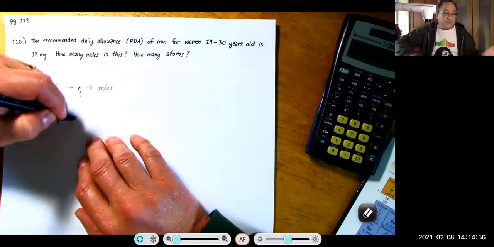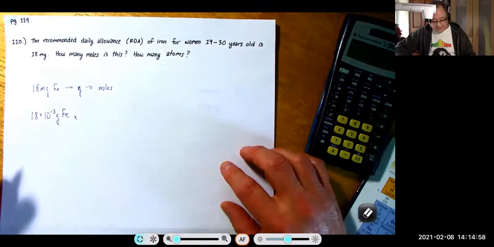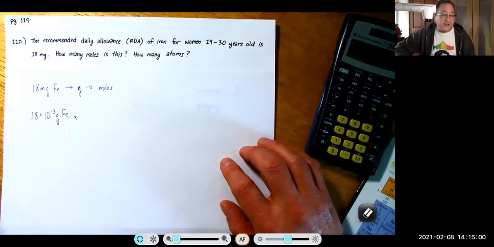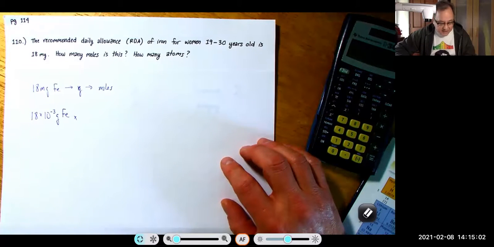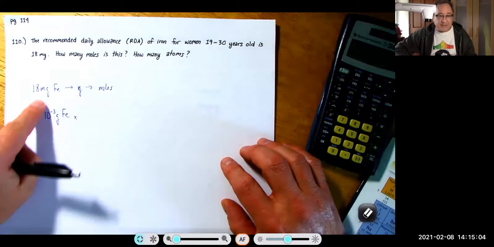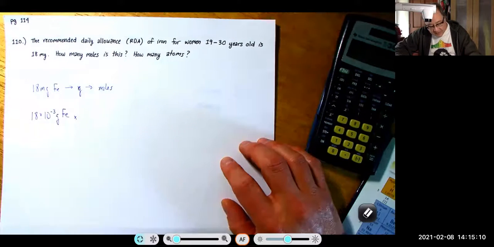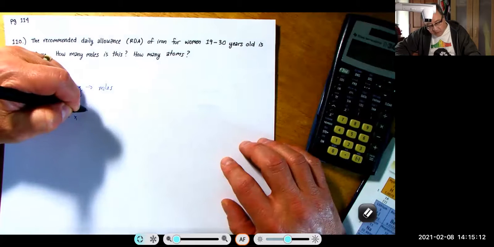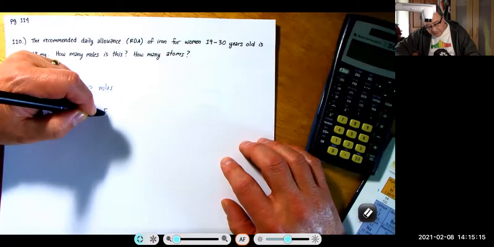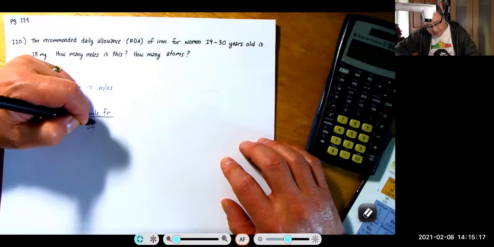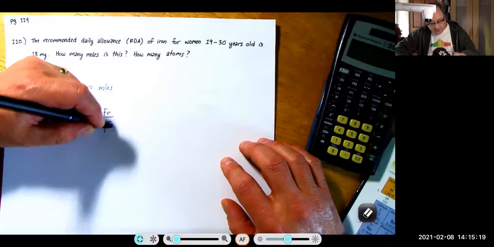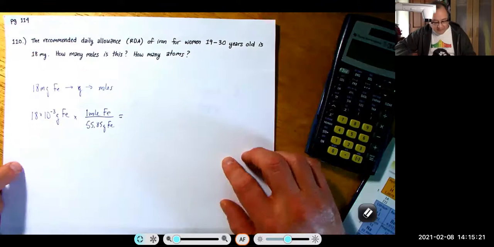And I wouldn't monkey with trying to convert that, because I may make a mistake. Here, I know m means 10 to the minus 3. Boom. That's a guarantee. Now, for iron, we've got 1 mole of iron per 55.85 grams of iron. So that'll give you how many moles we have.